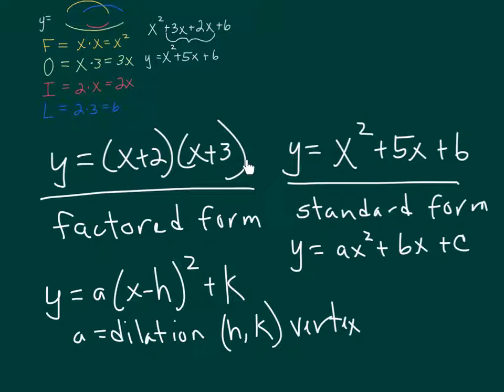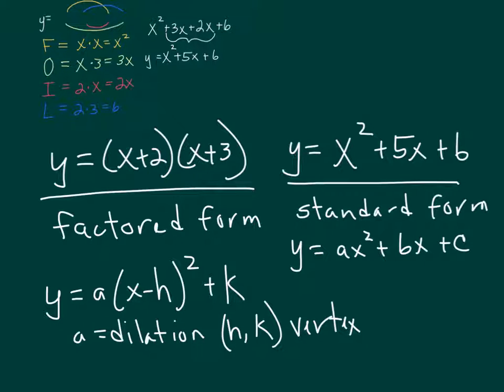Okay, so our focus to begin with is going to be taking factored form and creating standard form, and then we're going to go backwards. Now we've already taken the standard form and created the vertex form out of it. And taking vertex form and creating standard form is very simple, but really doesn't give us very much, other than we can then go from standard form into factored form.